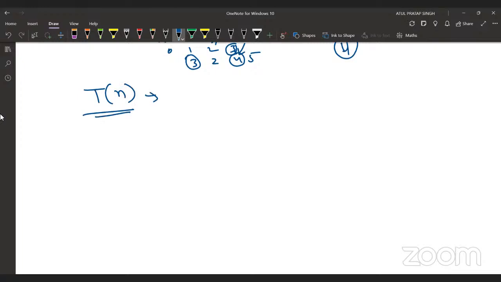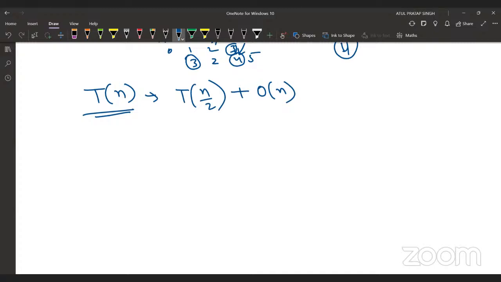Every time what we are doing, we are just calling T(n/2), discarding half, and every time the total operation we are performing is big O(n). So we are calling our partition function recursively on half of the list.